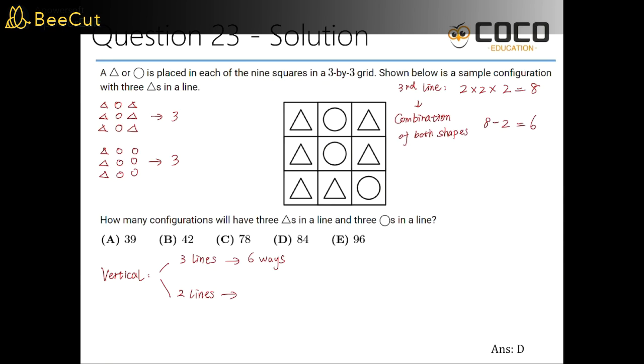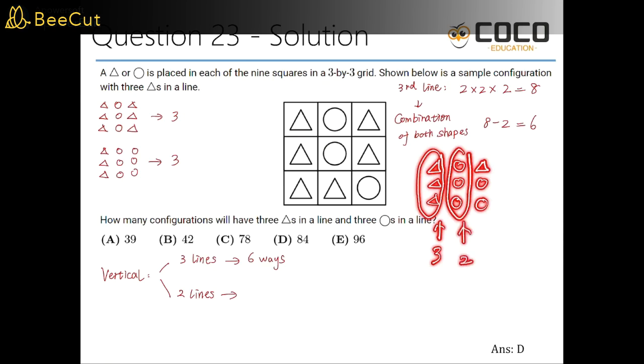Then now these 3 lines, when you arrange them, 1 line is all triangles, another one is all circles, third one is a combination of both. So first position can be any of these 3 lines, 3 ways. The second column can be any of the remaining two lines, 2 ways. Third one is 1 way.